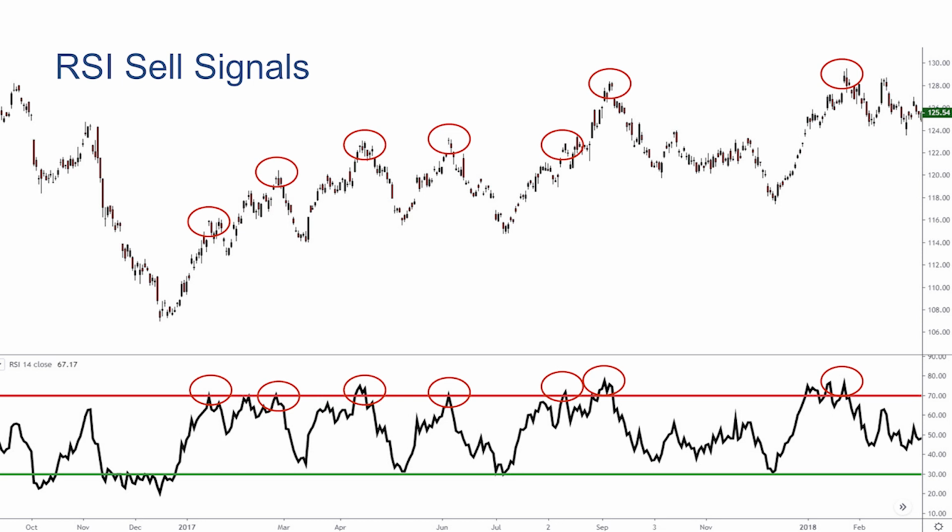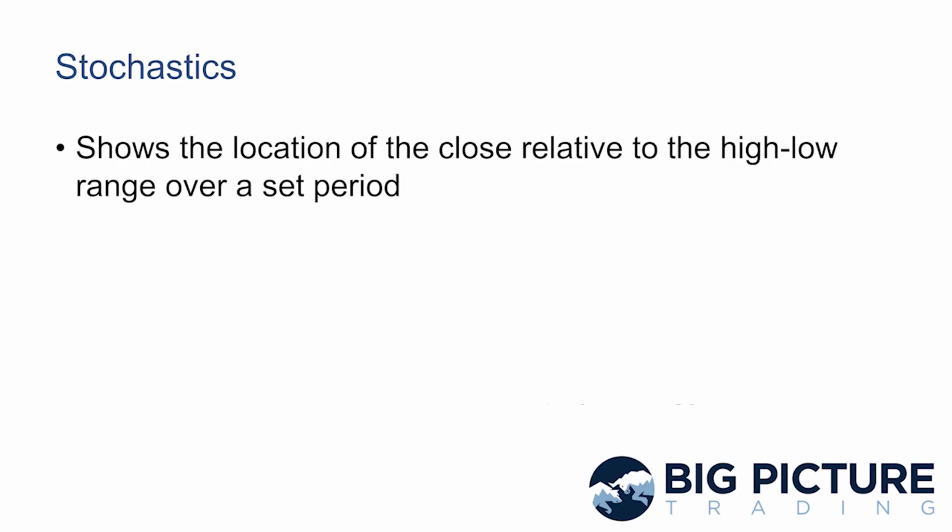Now, I want to go to the fastest reacting indicator out there, and it's known as the stochastics. So let's really dive into understanding what the stochastics are and how they work. Stochastics show the location of the relative close, the close relative to the high-low range of a set period.